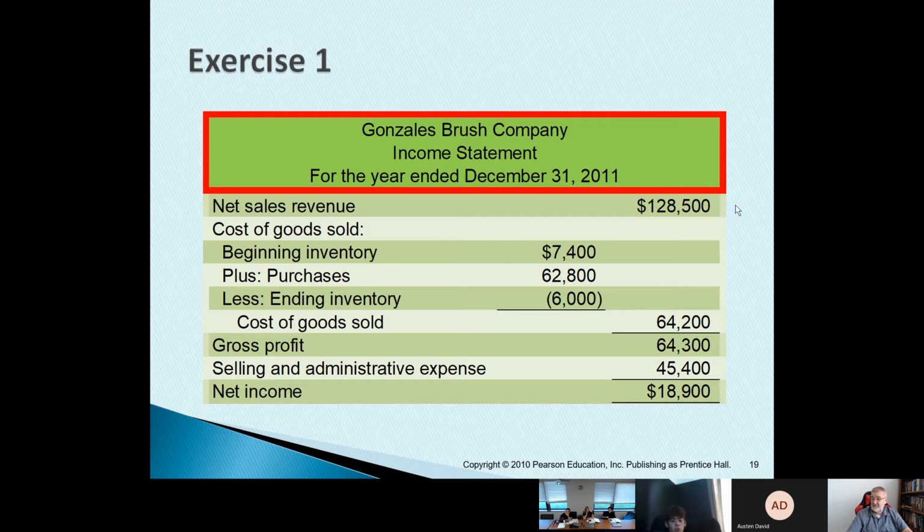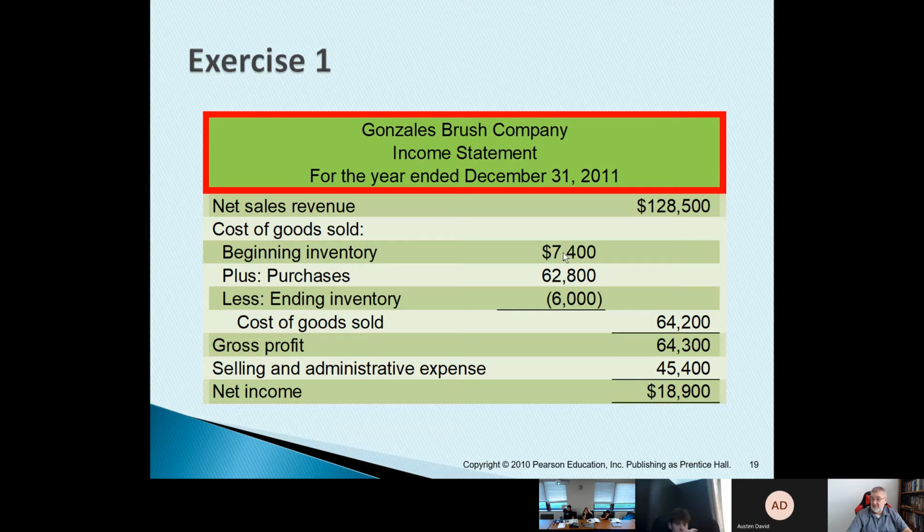So if you take, this is how much money we made selling our brushes. We had this much worth of brush inventory to begin with. We added this much worth of brush inventory during the course of the month. At the end of the month, we had this much dollars worth of value left over.